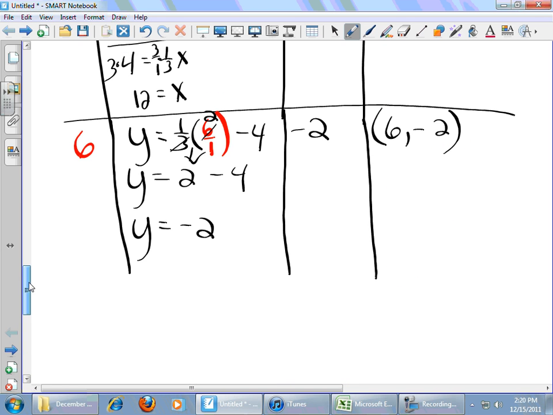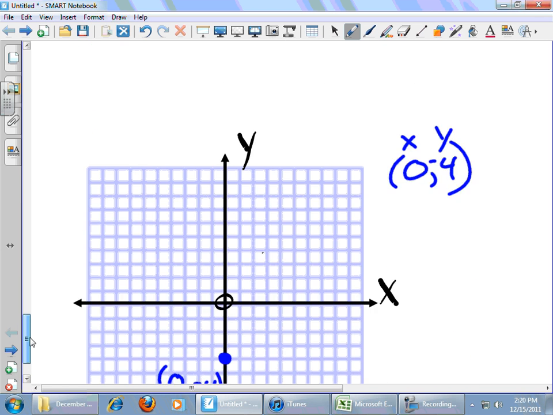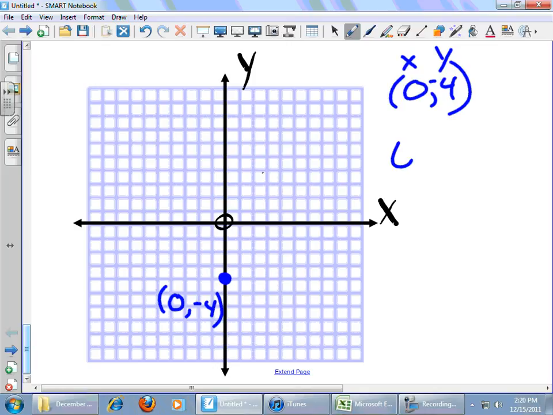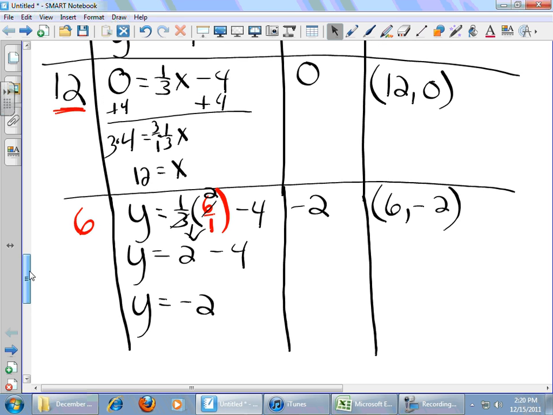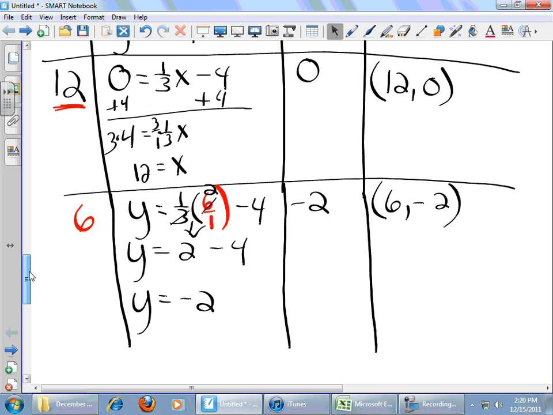I need the point 6, negative 2. So I'm going to go 6 in the x direction, negative 2 in the y direction. So 1, 2, 3, 4, 5, 6. 1, 2. Okay. I'm going to go ahead and draw my line right now, only because I've got such a large number for x over there, 12, 0.